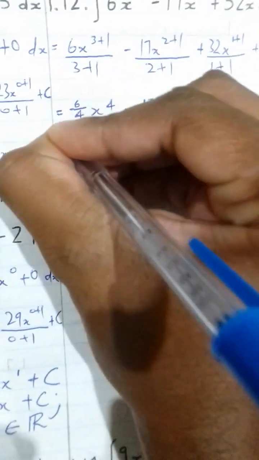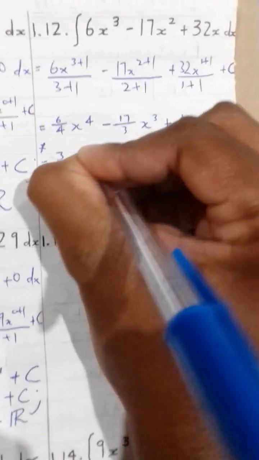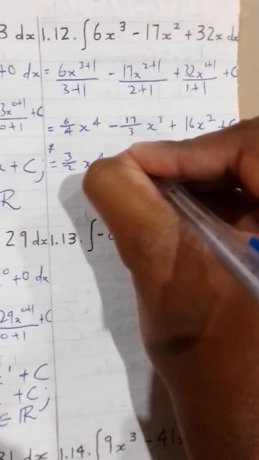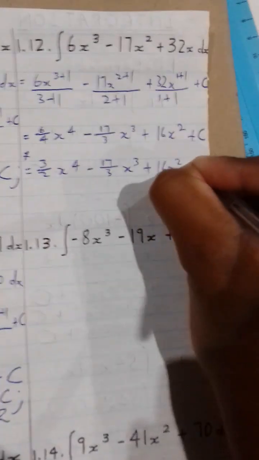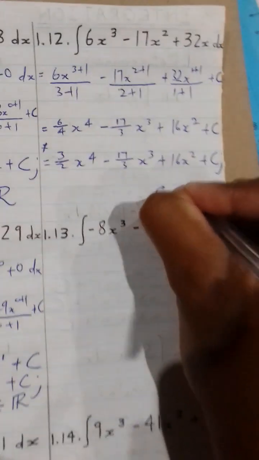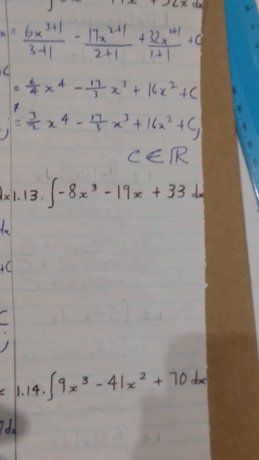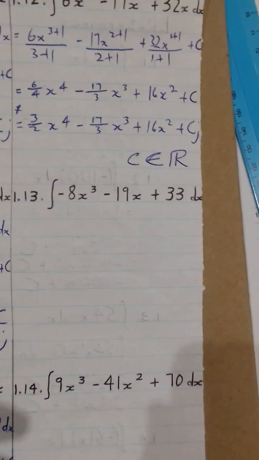So this is, okay, let me just write it here. 3 over 2 x to the power of 4 minus 17 over 3 x to the power of 3 plus 16x squared plus c. c is an element of real numbers. Okay, hope that is clear, and I hope that makes absolute sense.